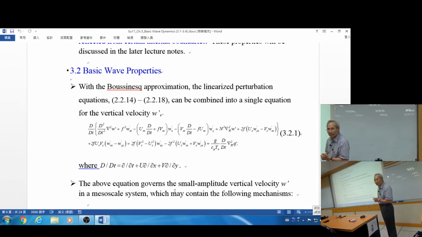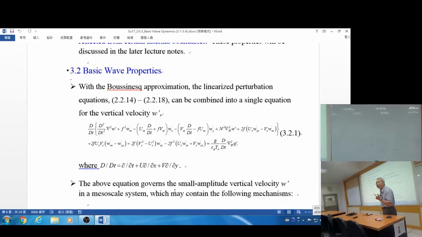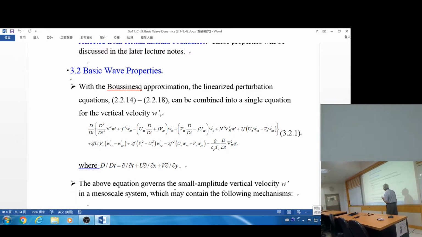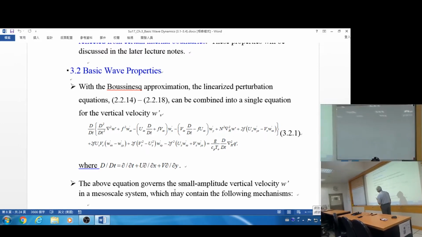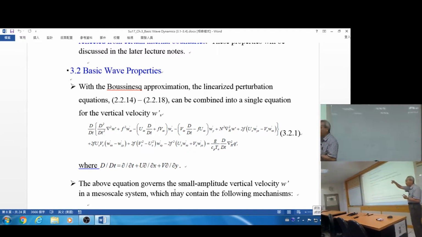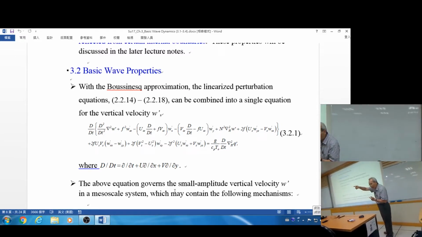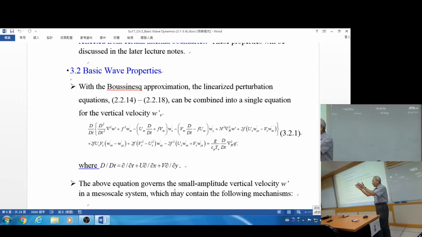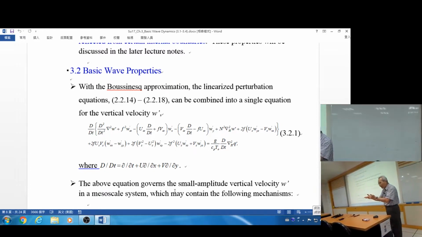We don't, because you don't have C sub H, so no sound waves. Other waves? We don't have Rossby waves because Rossby waves require beta, and we don't have beta. And we have these two waves, which can combine together as inertial gravity waves.